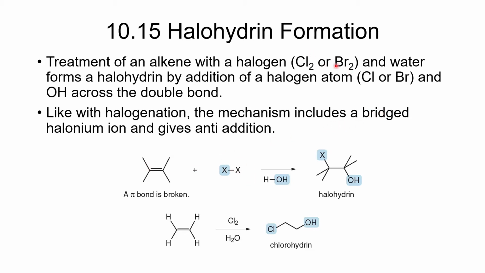And again, chlorine or bromine will work. But instead of having the halide, the negative ion that was generated here, act as the nucleophile, we'll have water act as a nucleophile, and we can form the halohydrin.